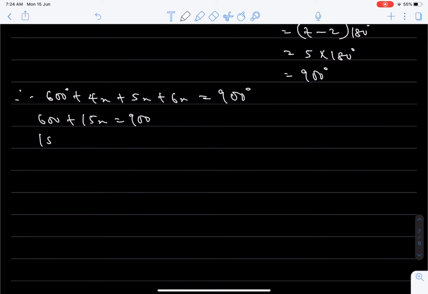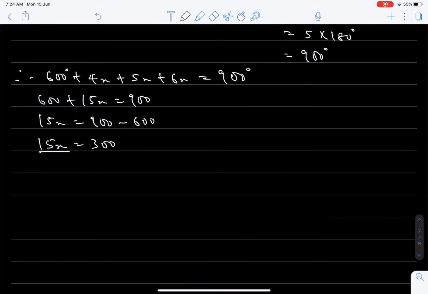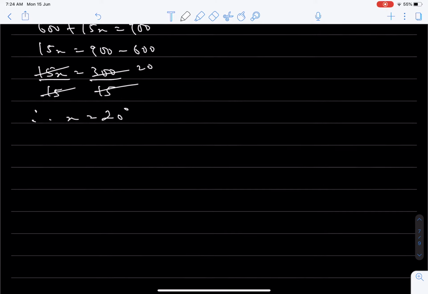And that means 15x equals 900 minus 600, which means 15x equals 300. And we divide both sides by 15 to get x. 15 in 300 is 20. And therefore, x is 20 degrees.